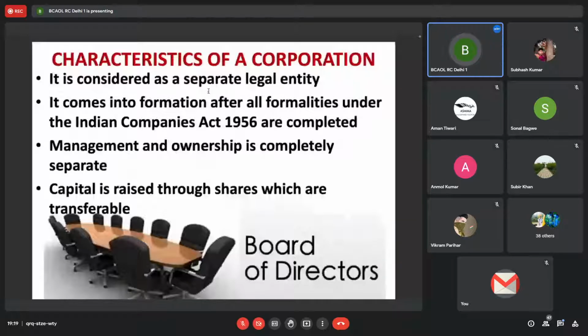Company and corporation mean the same thing, and the first thing you need to remember is that it's a voluntary association of persons. Voluntary association of persons means these people have come voluntarily, having the same goals and visions to go ahead with.